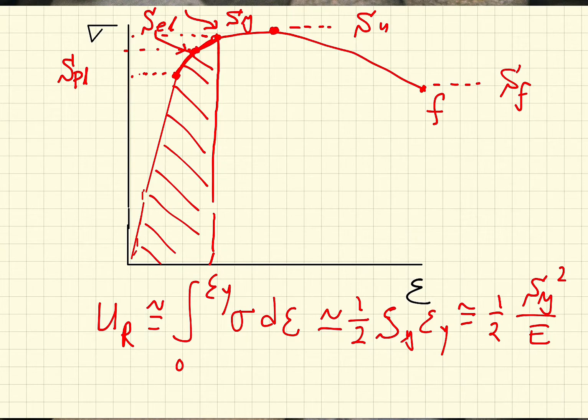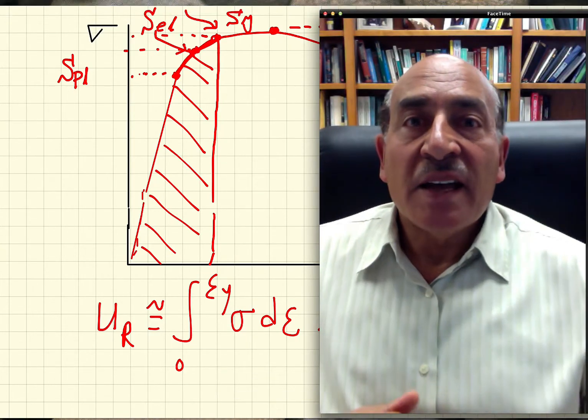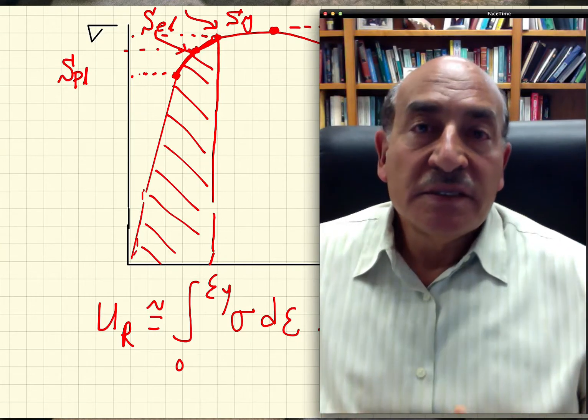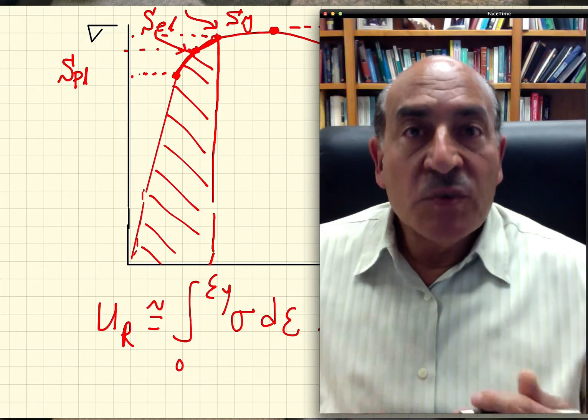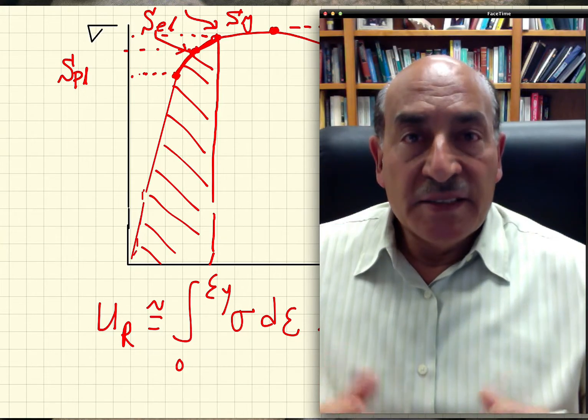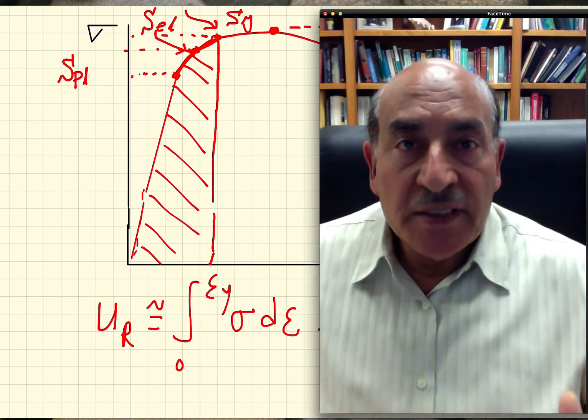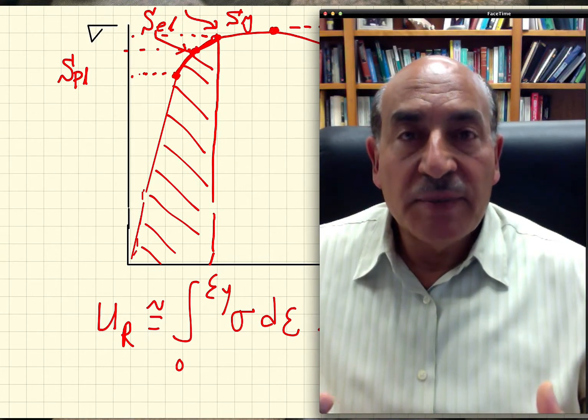Let's now move on to discuss resilience and toughness. If you say that someone is resilient, it means that this person can take a lot of forces, and once the forces are removed, the person bounces back completely.